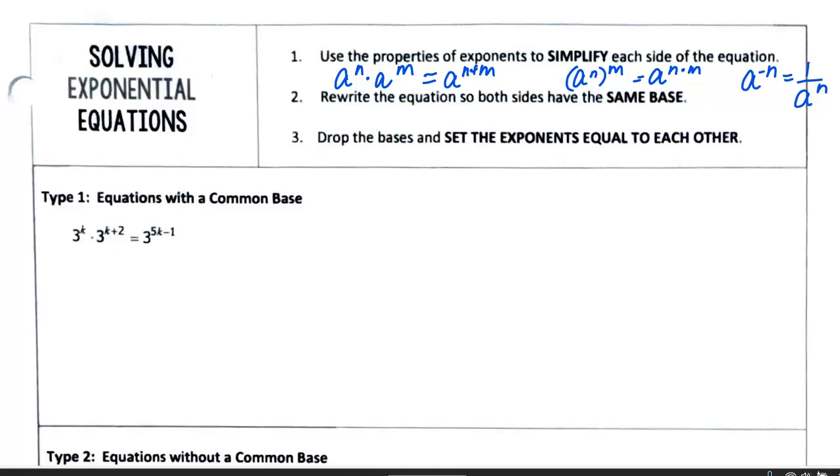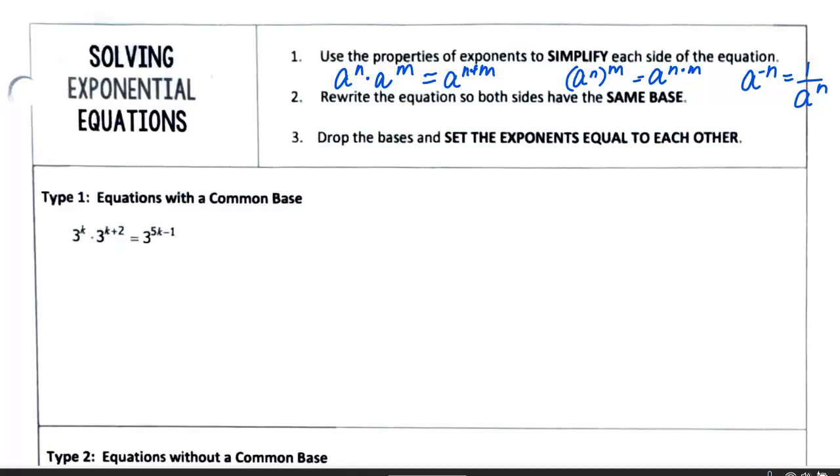Then we rewrite the equation so both sides have the same base. If they don't already, we look for a way to write them as the same number raised to a power. Then step 3, we drop the bases and set the exponents equal to each other, and we should have a really easy equation to solve.